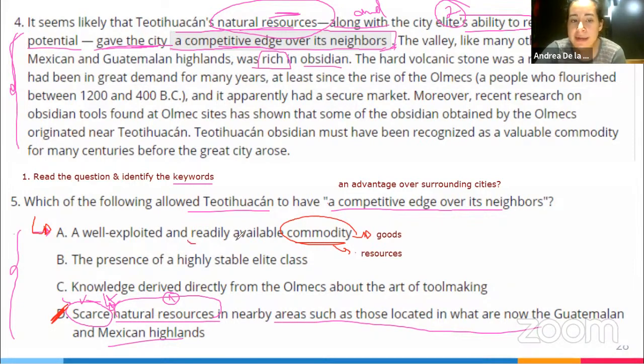Now, what does readily available mean? Easy to get.